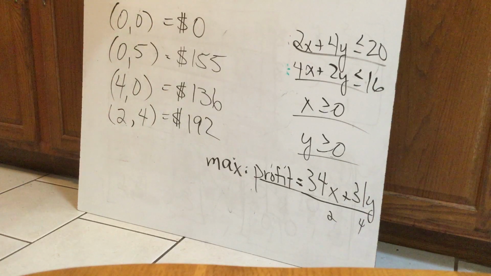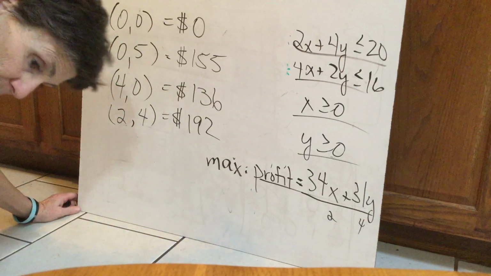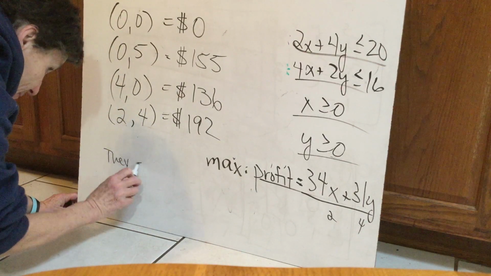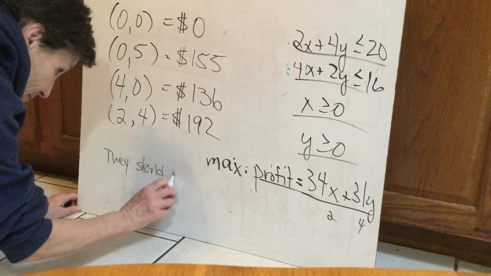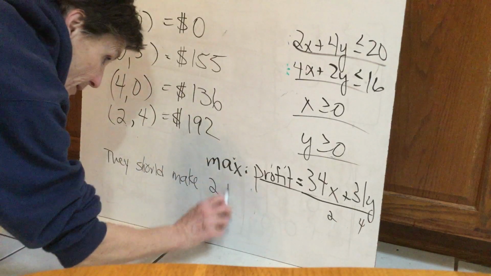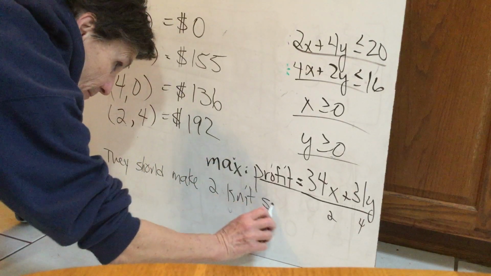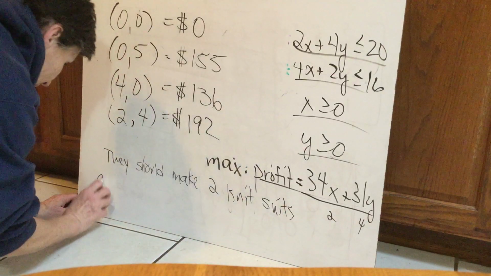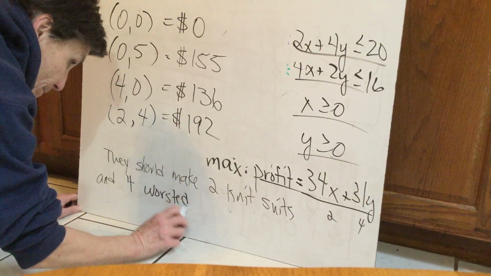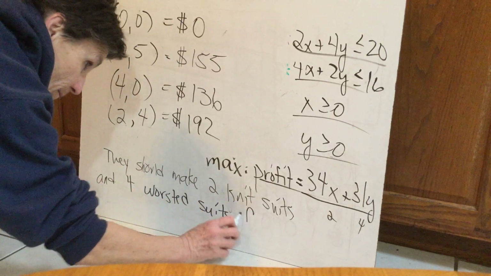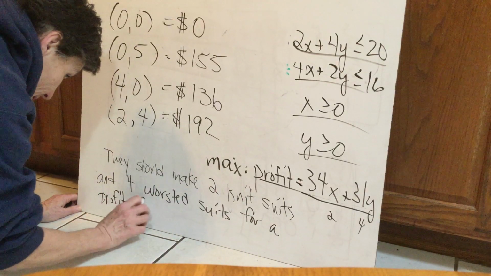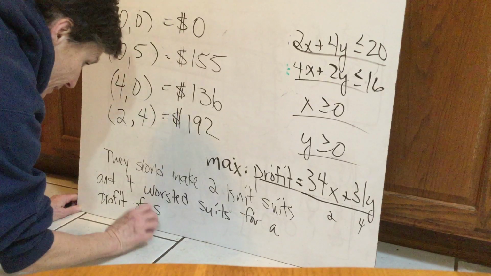So we'll write a sentence that says, they should make two knit suits and 4 worsted suits for a profit of $192.